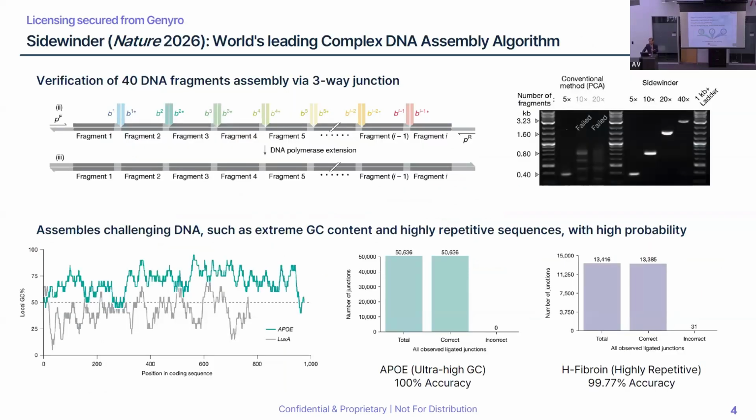To give you more information about Sidewinder, it's very efficient because you're not relying on the overlaps that exist within your target sequence. The overlaps are present on the side, so it is sequence independent, which means you can assemble very complex DNA sequences such as high GC content or repetitive sequences.